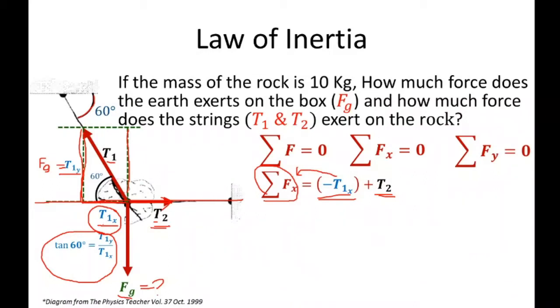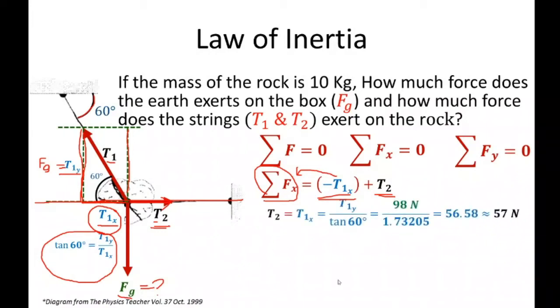Solving for T1x is just the same as solving for T2. So we need the opposite and the adjacent. From SOHCAHTOA, that is TOA, opposite over adjacent. So that's why we have tangent 60 degrees equal to opposite, or T1y, over T1x.